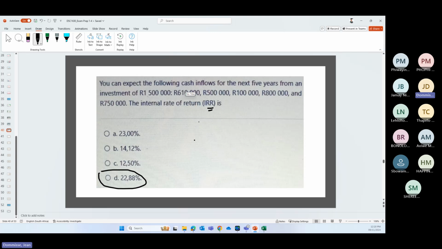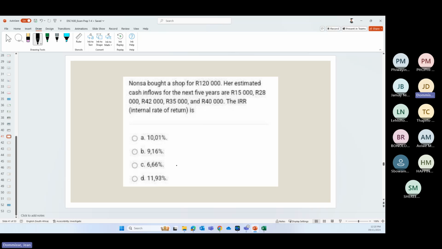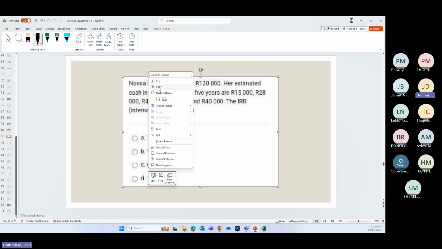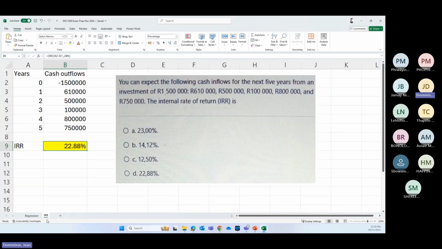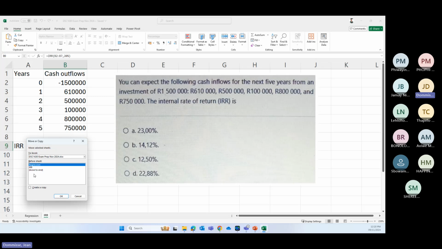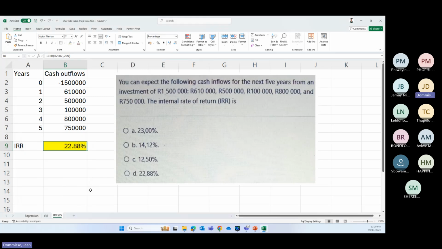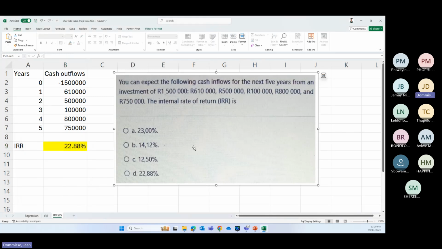Okay, internal rate of return. What I've done is exactly another one like that, and we're going to do exactly the same in Excel. This is why I am going to share this with you guys.